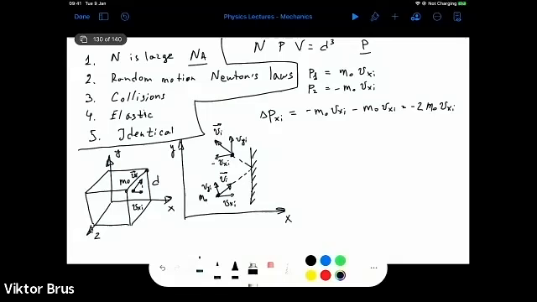And now we can write this impulse momentum equation. So we have some average force, Fxi, which is force exerted on the molecule from the side of the wall, times delta T collision, let's call it.